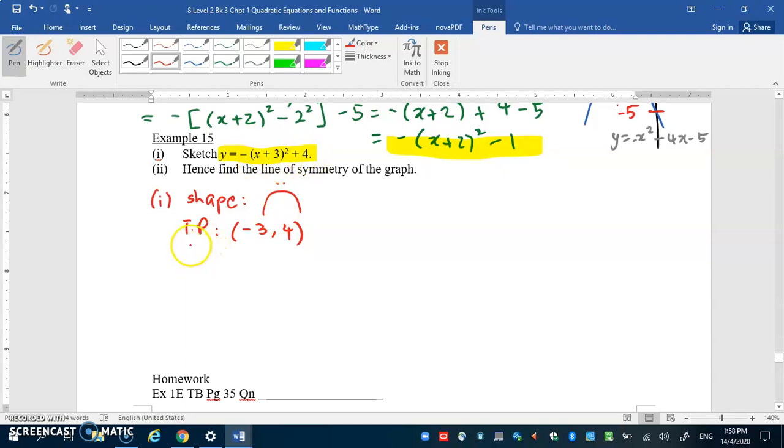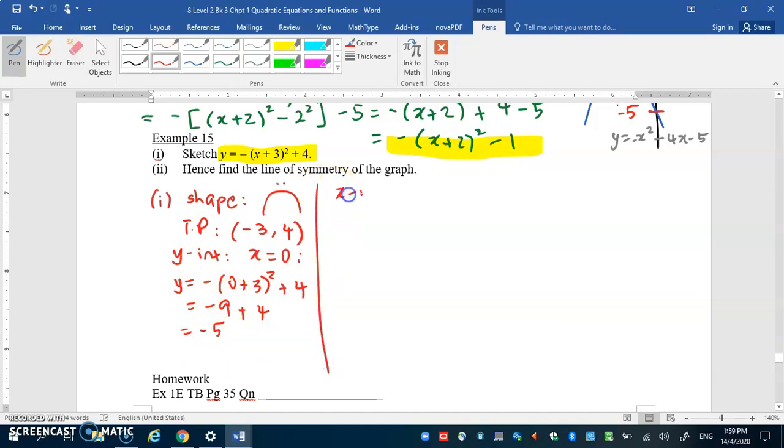What about the y-intercept? Let's find the y-intercept. Sub in x equals 0. You would get y equals negative of (0 plus 3) whole squared plus 4. This is negative 9 plus 4, which is negative 5. So the y-intercept is negative 5. What about the x-intercepts? For the x-intercepts, you will sub in y equals 0.